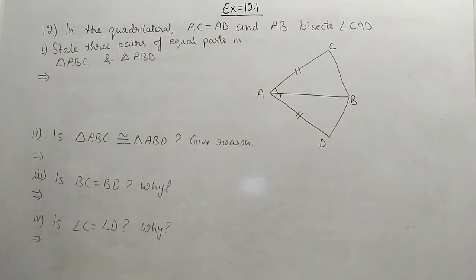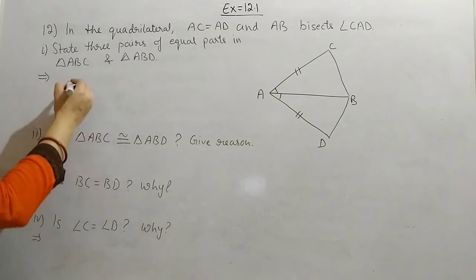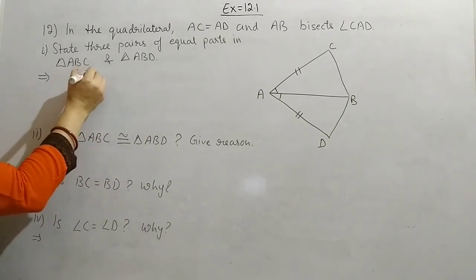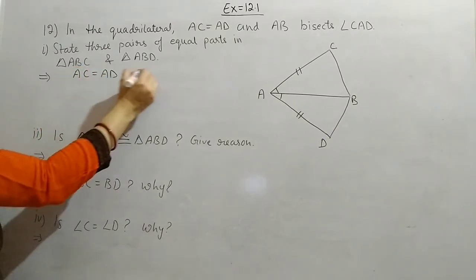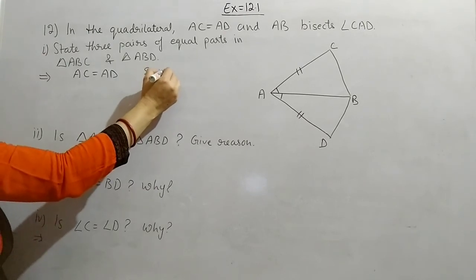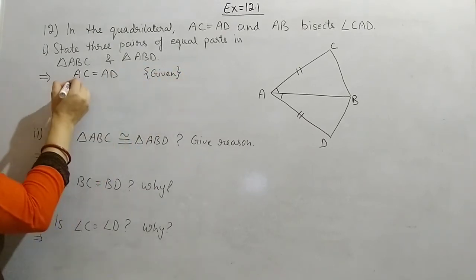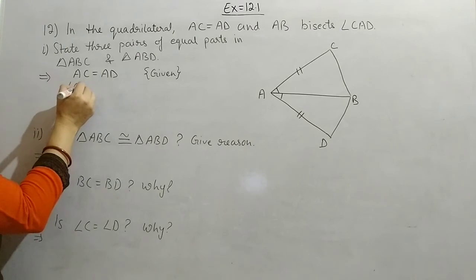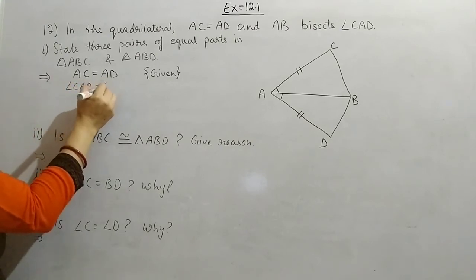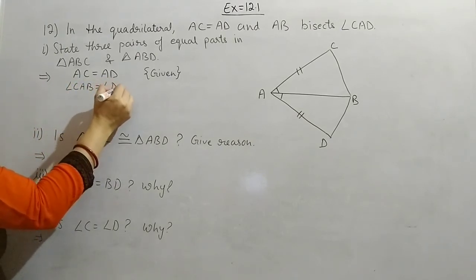So first thing we have to state 3 pairs of equal parts in triangle ABC and triangle ABD. So first we can compare AC is equal to AD. It is given in question. Second, we can compare angle CAB is equal to angle DAB.